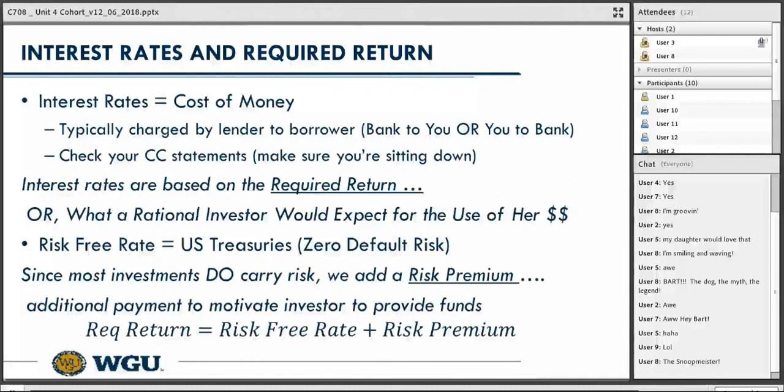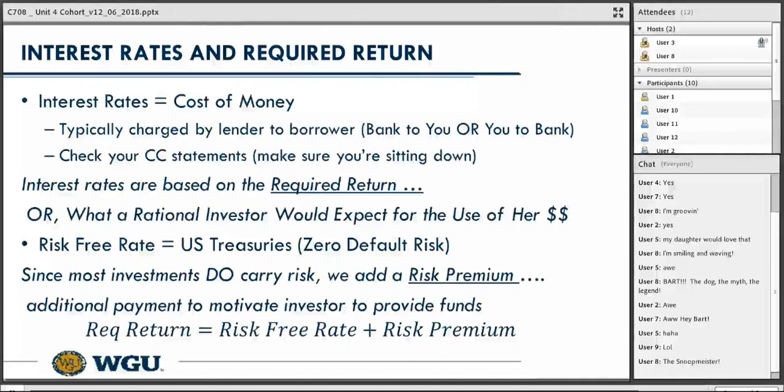The risk-free rate is based on U.S. Treasury securities, because U.S. Treasury securities are backed by something called the full faith and credit of the United States government. The U.S. government has the authority and the power to both levy taxes and declare war.